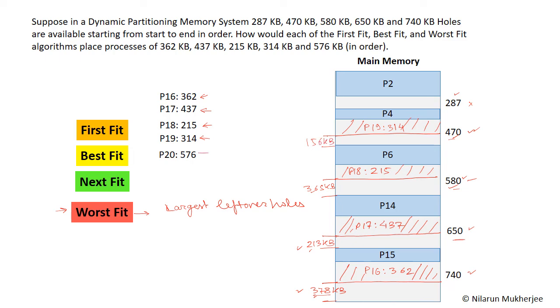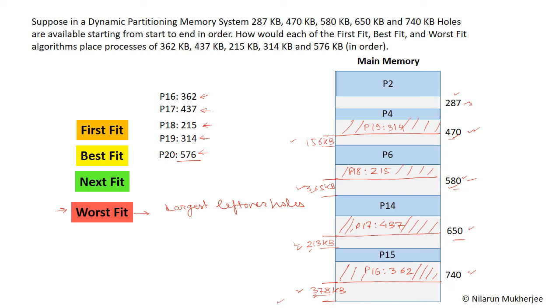Now the process P20 is 576 kb. Here you can find that this hole is smaller, this hole is smaller, this hole is smaller, this hole is smaller. So we can never fit 576 in this scenario.